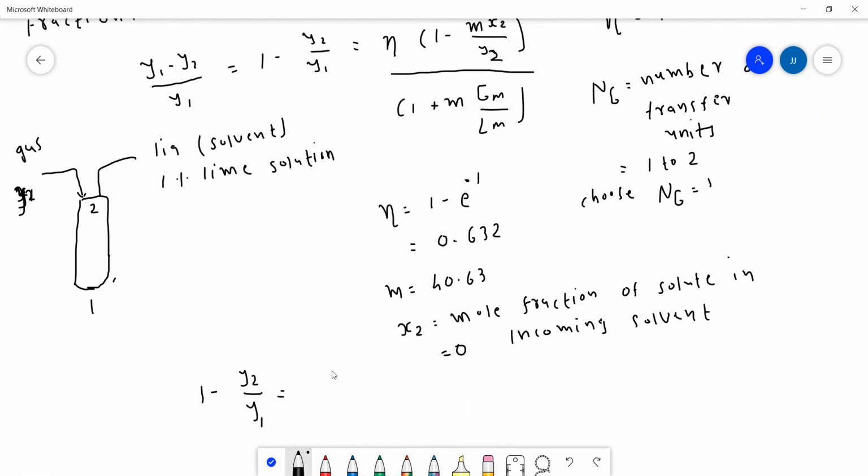Eta is 0.632 multiplied by 1 minus 0, because X2 is 0, and 1 minus m 40.63 multiplied by 0.